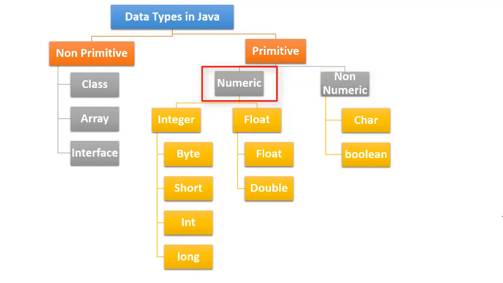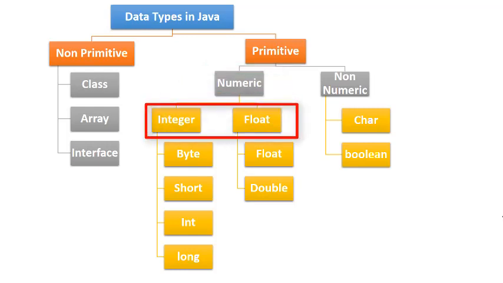Under the numeric data type we have two further categories, integer data types and float data types. In the integer data types we store those numbers which are integers, and in the floating point category we store those values which have a floating point, which have a decimal point.